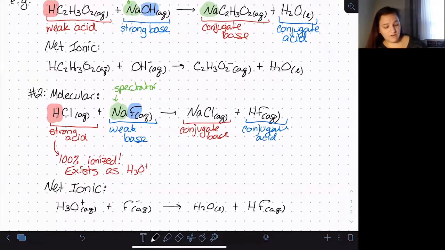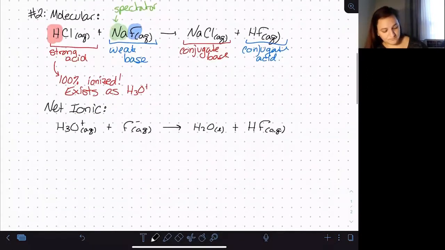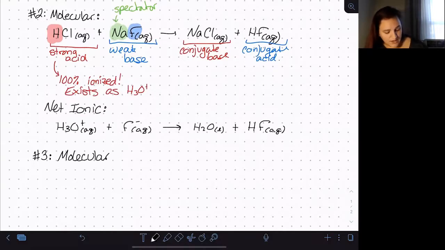So let's look at one more that we will try to write the molecular equation and the net ionic equation.